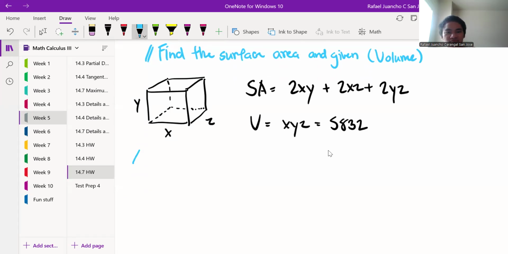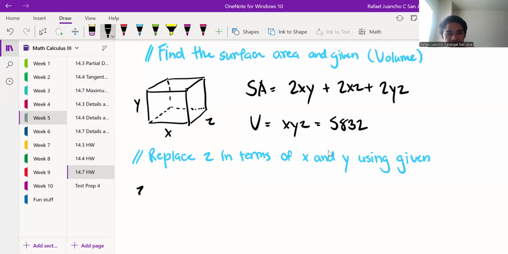And then from there, we want to replace Z in terms of XY using our given, right?